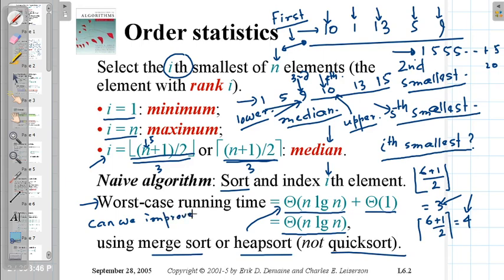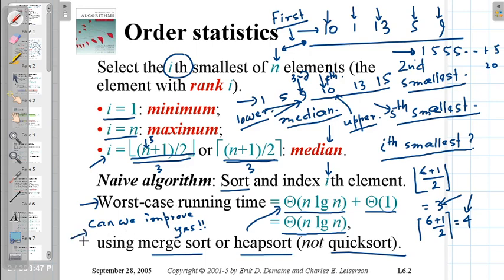The answer is yes. Does anybody have any idea why it is yes? Do you know any such algorithm? Anybody? Okay. This is a Google question.